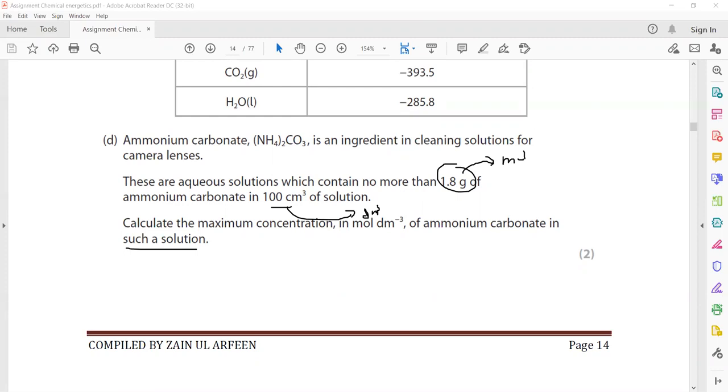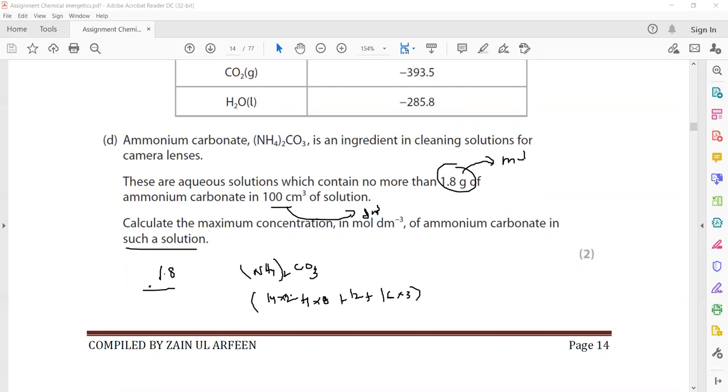So 1.8 is the mass in gram, divided by the molar mass of ammonium carbonate, that will be (NH4)2CO3. So nitrogen is 14 times 2, plus hydrogen 1 into 8, plus carbon is 12, plus oxygen 16 multiplied by 3.